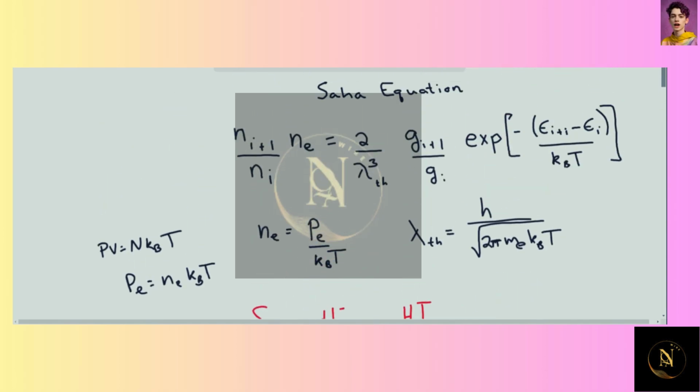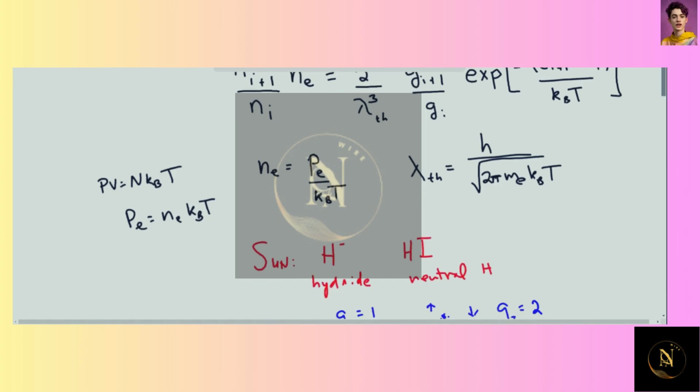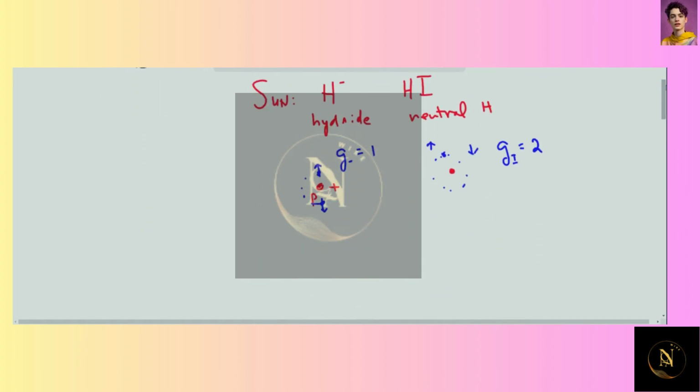Okay, so let's arrange our equation. There's some things to find out. We are well aware that the pressure, electron pressure, is about 1 Pascal. We'll call it 1.5 newtons per meter squared.